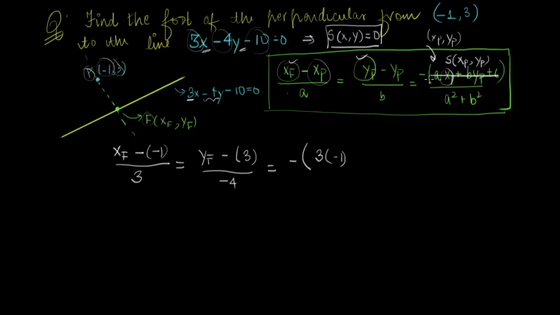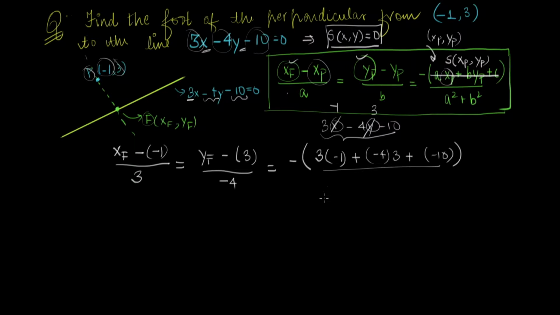Rather than y, we have y_p, which is 3, multiplied by the coefficient -4. We add this to the constant term, which is -10. So that's basically the equation of the line, 3x - 4y - 10, and rather than x, we substitute -1, and rather than y, we substitute 3. If you do that, you will end up with this expression right there.